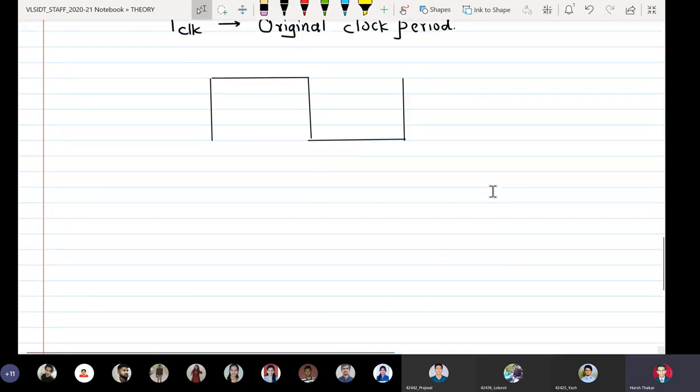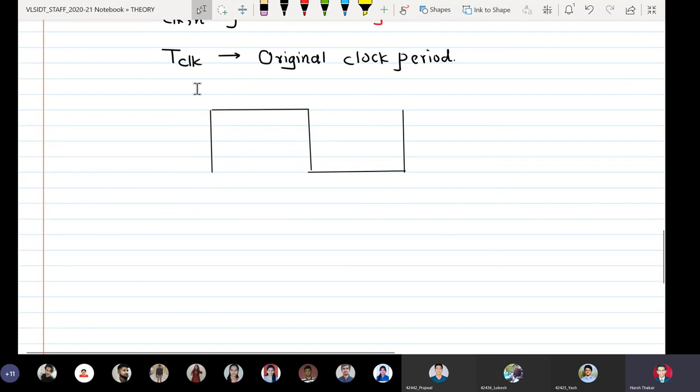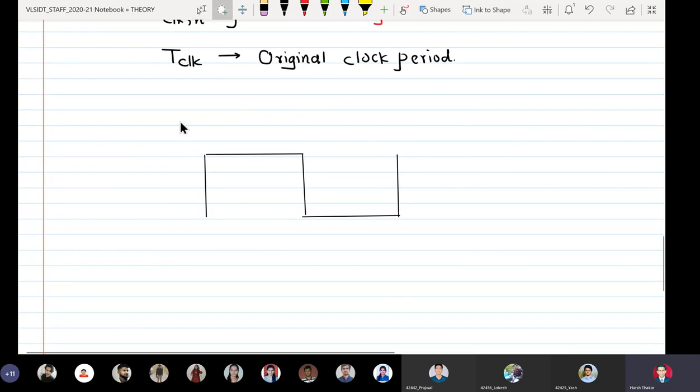Okay, so this is our original clock period. This is our original clock period. So this is my TCLK, and here what can happen in jitter, this edge can come inside, similarly this edge can come inside.